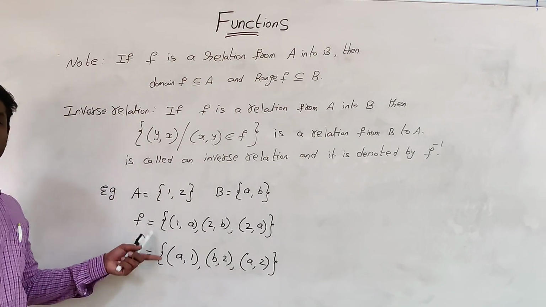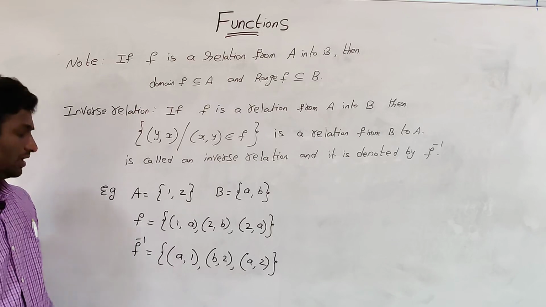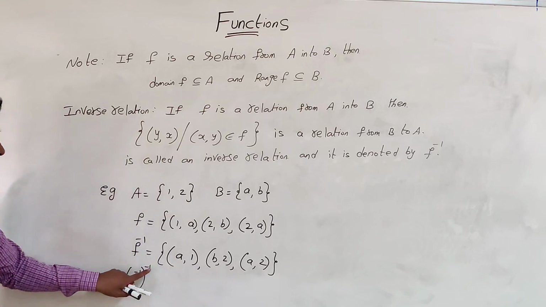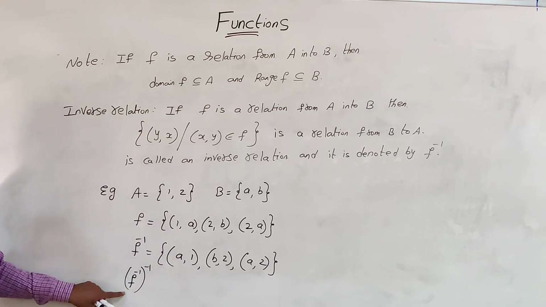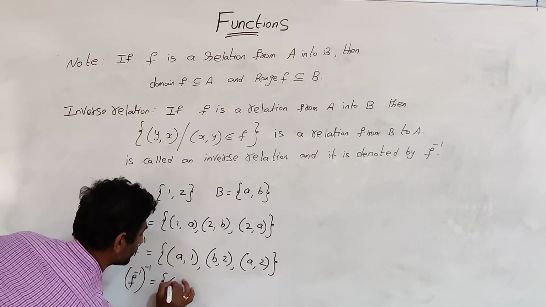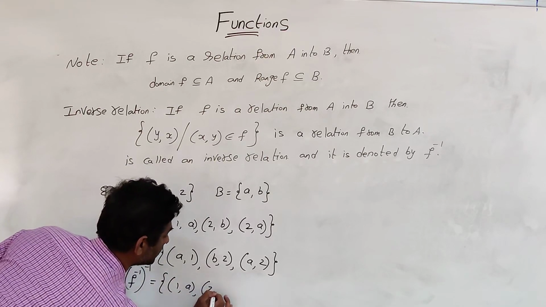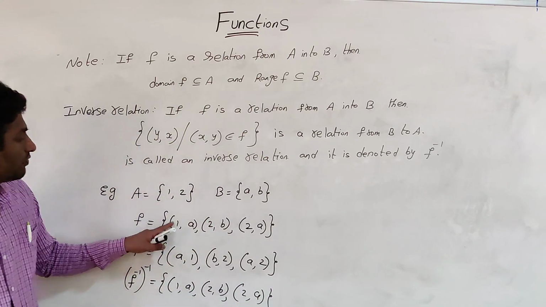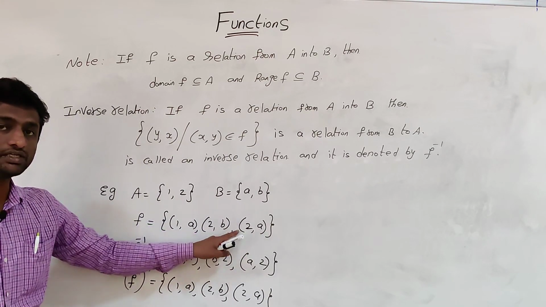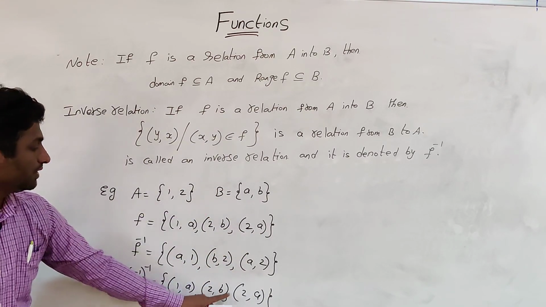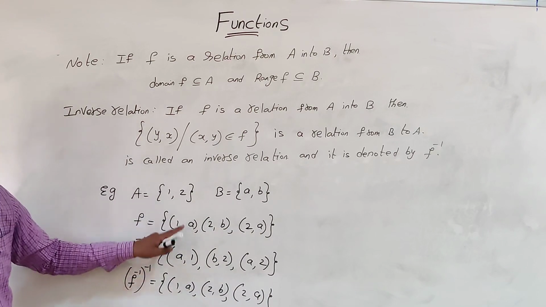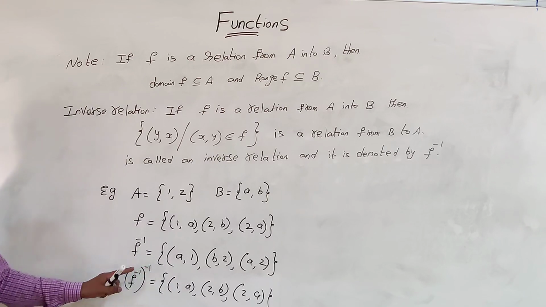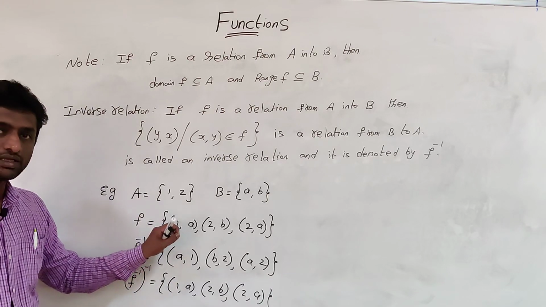Again, if I inverse this relation, F inverse whole inverse means the inverse of the inverse relation, what will we get? {(1, a), (2, b), (2, a)} is the relation from A to B. Again these two sets are equal. What we can observe is the inverse of the inverse relation is itself.